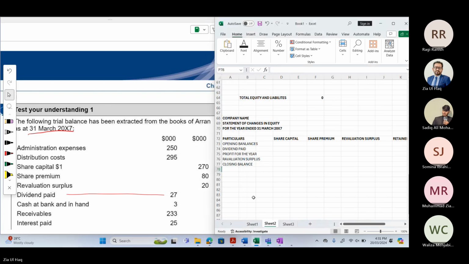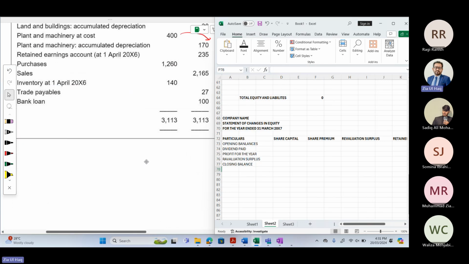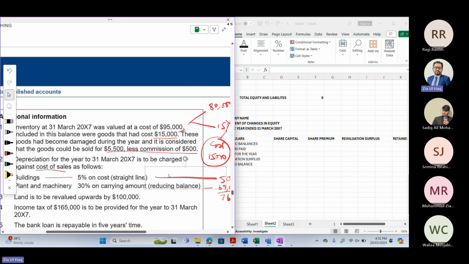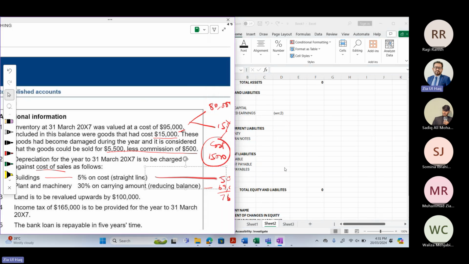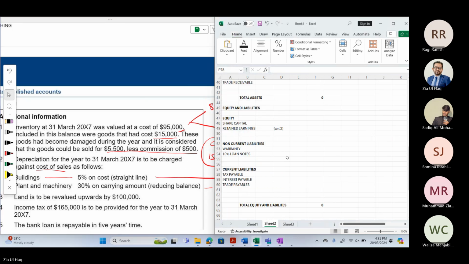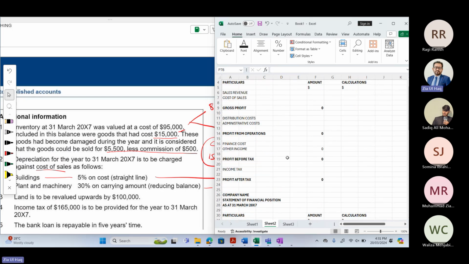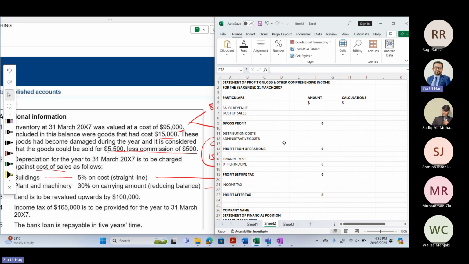So first adjustments. Inventory closing figure, we have calculated how much? We have calculated 85,000. So put closing inventory here, under current assets as well as cost of sales.